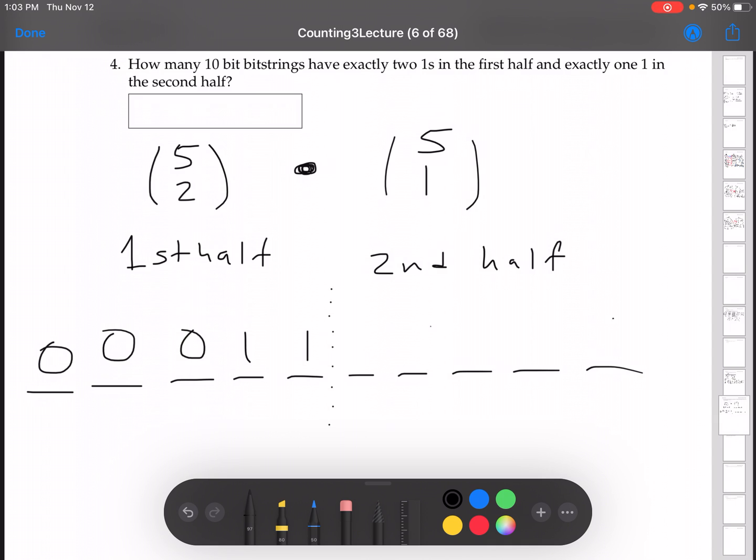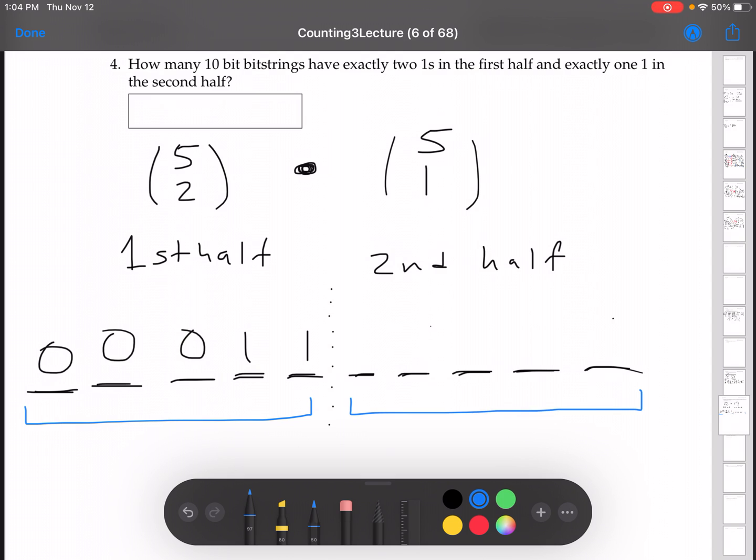Now you might think, okay, why are you multiplying them? So first we have all of these positions, right? But you can think of the first half as 1 position where, within that 1 position, there are 5 positions that you can choose 2 of them to be 1s, and then this is a whole other position.